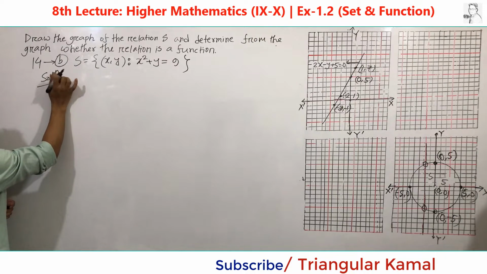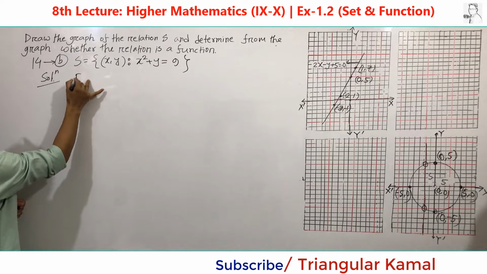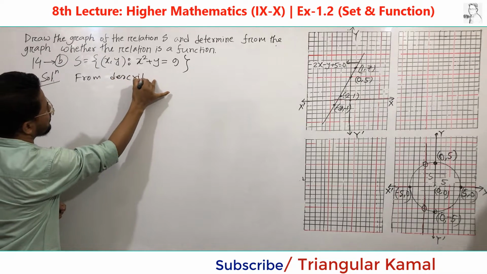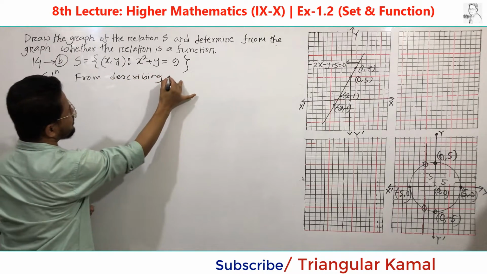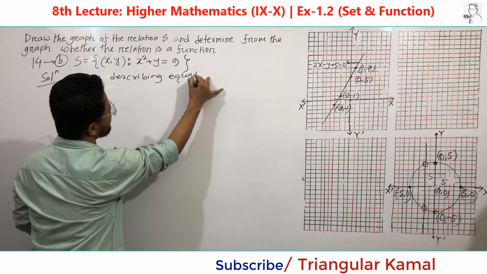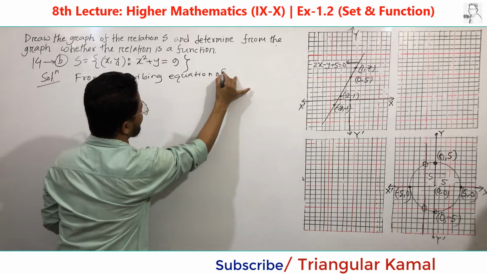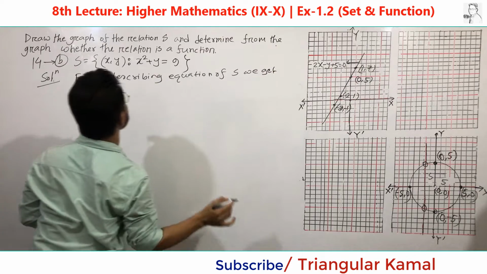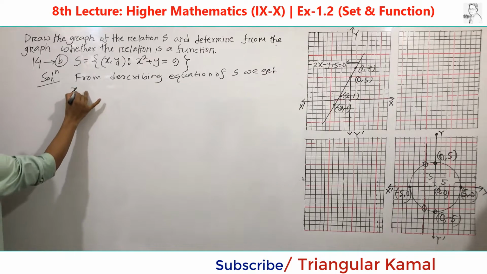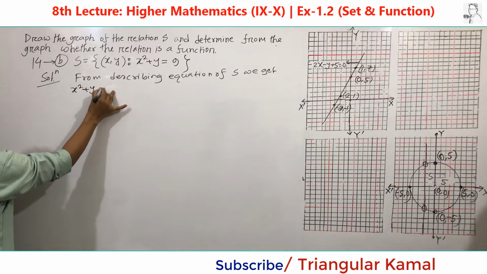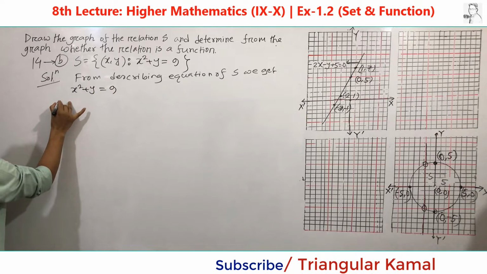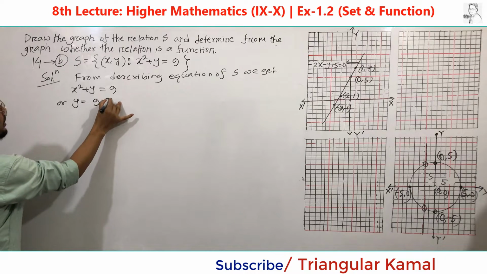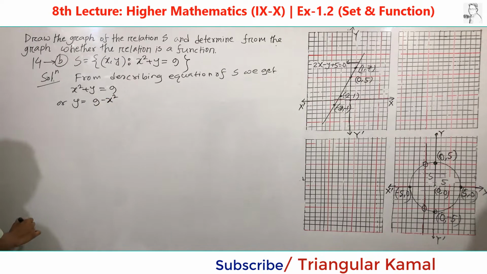Solution. From the given equation of S we get x square plus y equal 9, or we can write here y equal 9 minus x square.